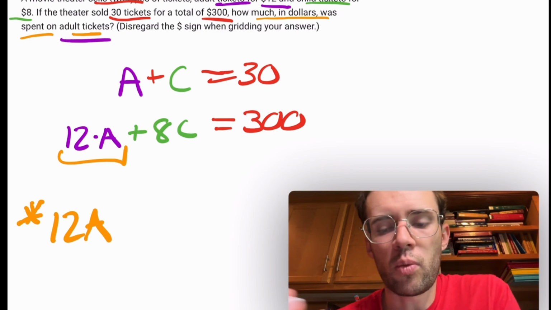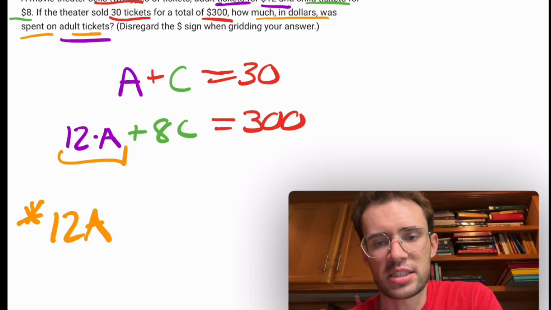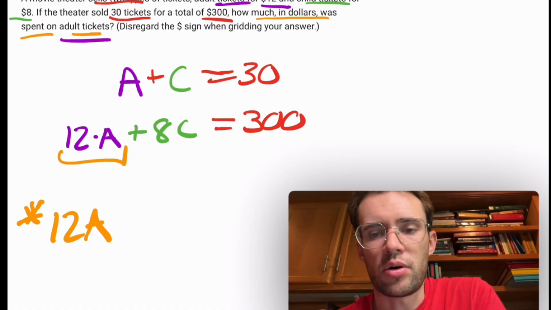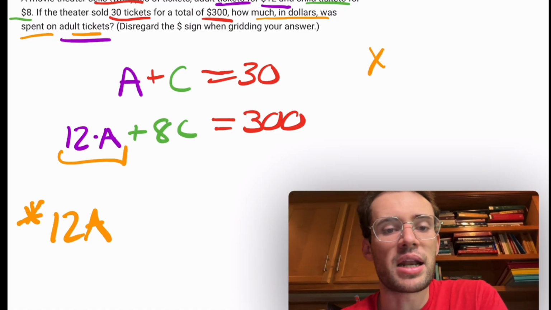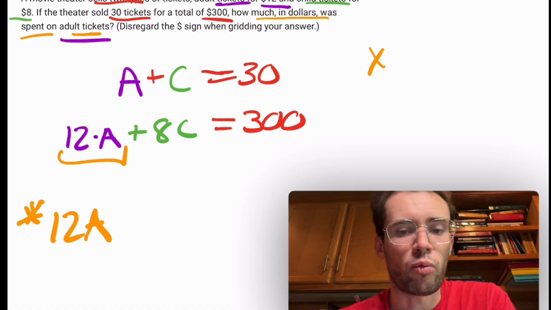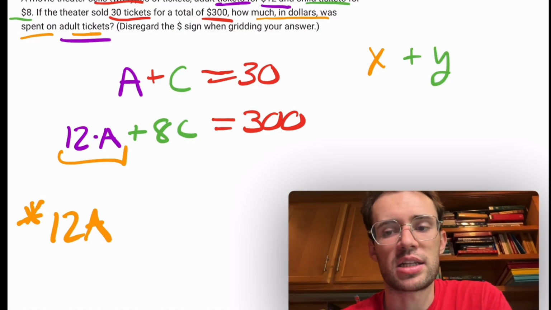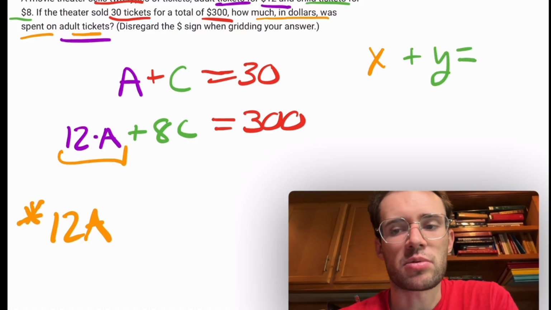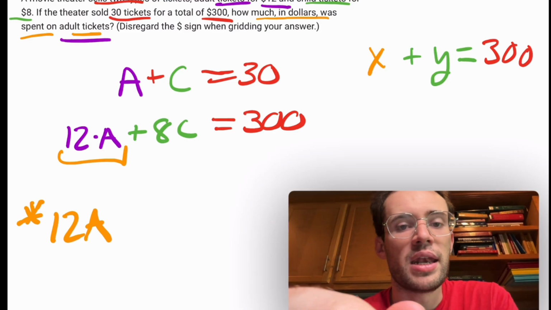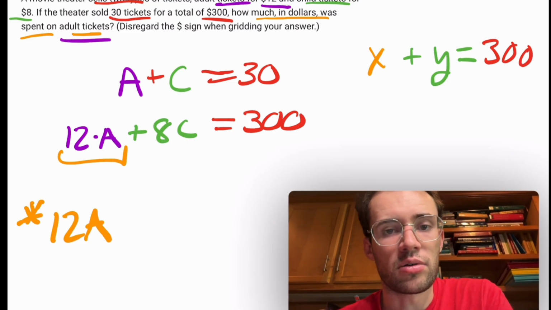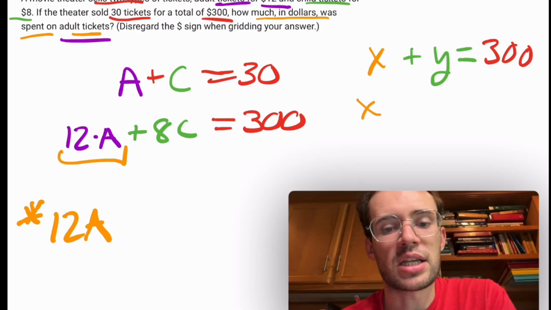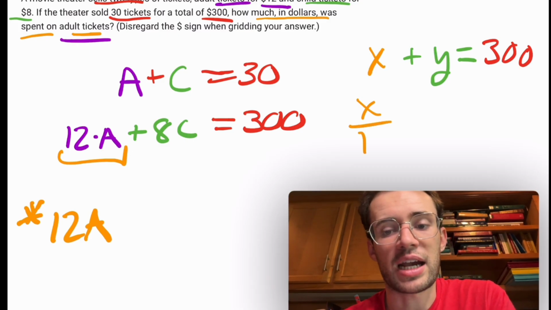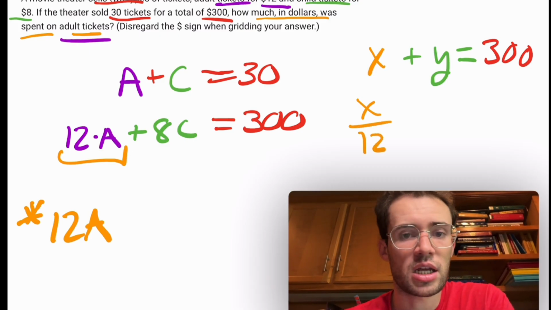Now, I'll show you how, if you wanted to set it up so that there's no risk of forgetting that, you would just go, okay, well, X is the money from the adult tickets and Y is the money from the child tickets. So when we add that up, it's $300. And then if you want to find the number of tickets, you'd be dividing, right? So if you made X dollars and each adult ticket was 12, then X divided by 12 is the number of adult tickets.